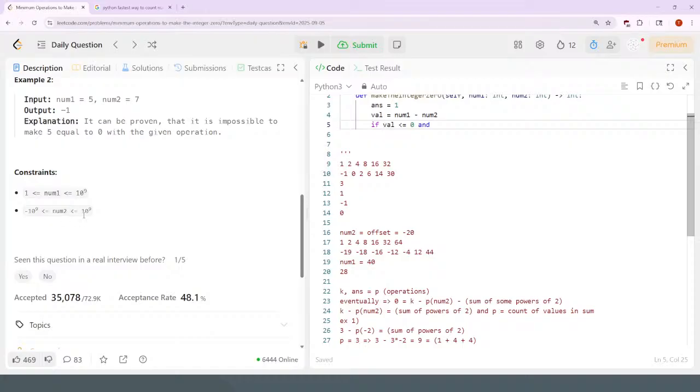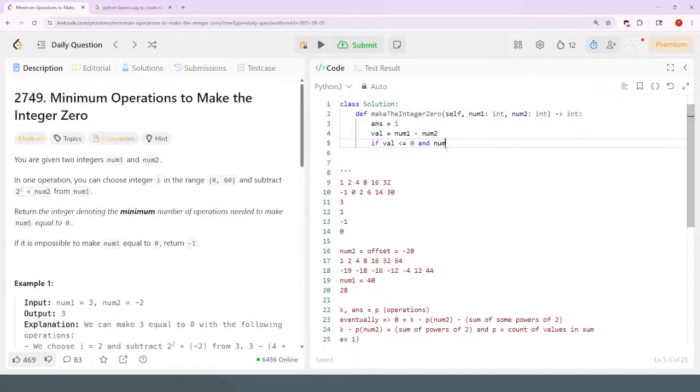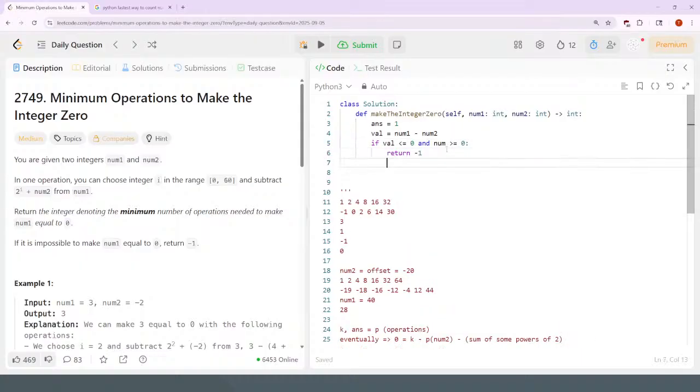Num2 could be 0, huh? Yeah, I think this is right. So if I have a negative number and it's decreasing, then there's no way that the sum of those numbers is ever going to reach positives. I guess I could also say this is 1 value, no, I think it's 0. If it's 1, then in theory it should work.